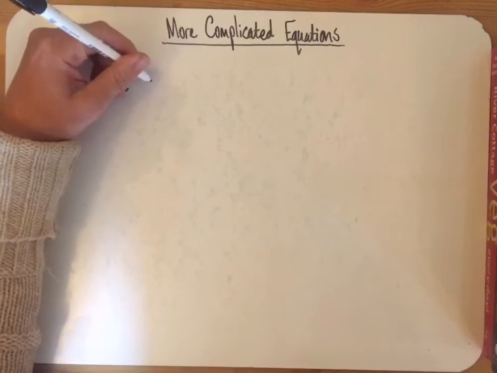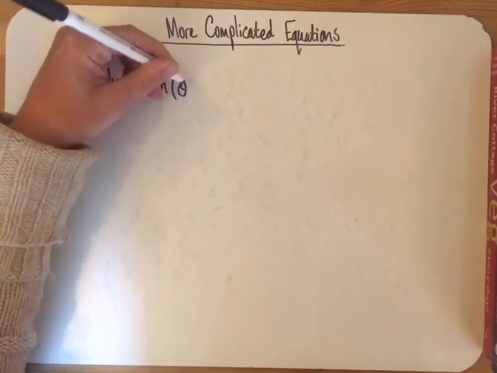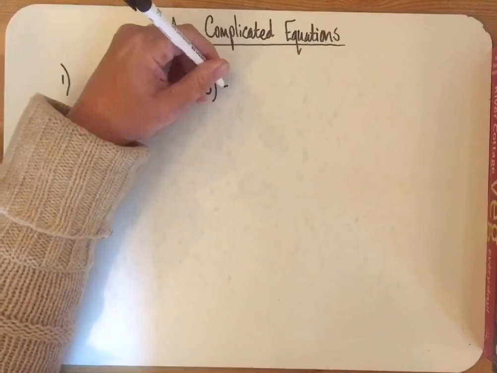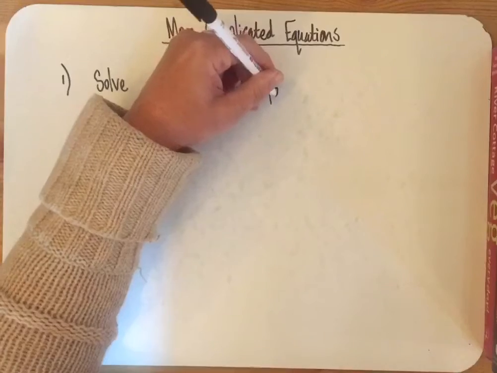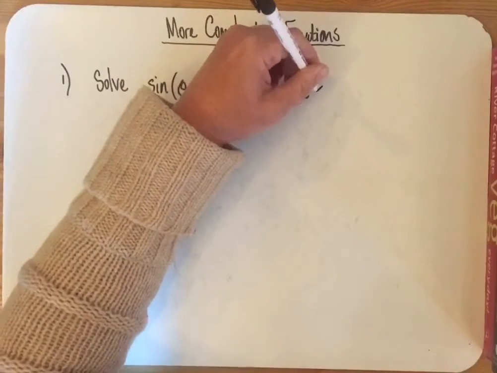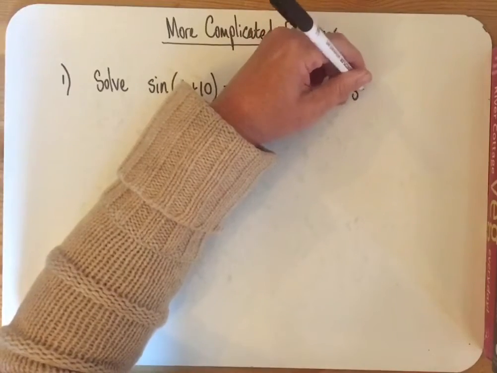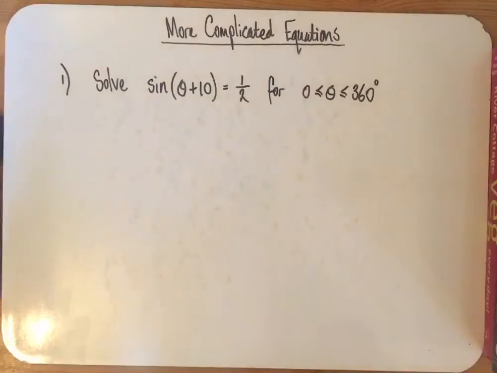solve sine of theta plus 10 equals a half for 0 less than or equal to theta less than or equal to 360 degrees.